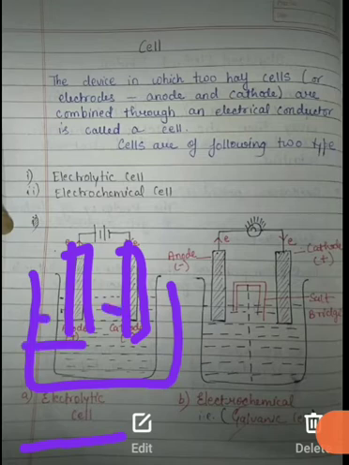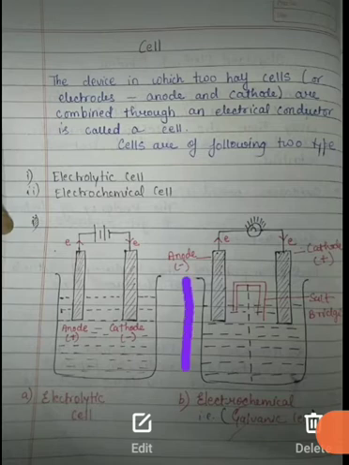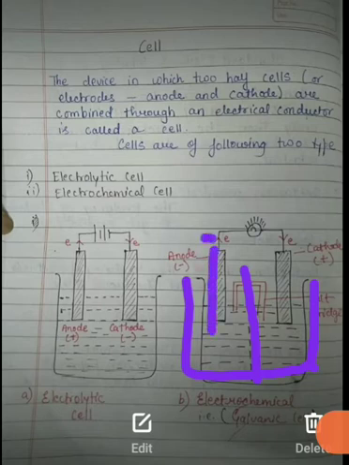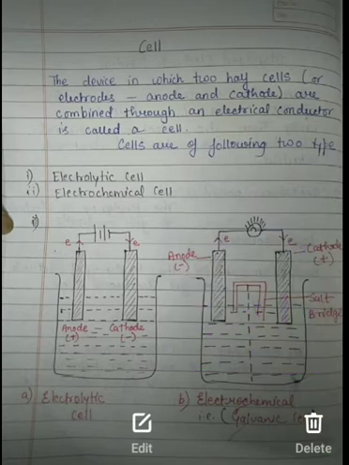Here is the electrolytic solution. Now look here, in the electrochemical cell, that is the galvanic cell, there are two chambers, and the electrodes are kept in separate chambers. So this is the third difference.